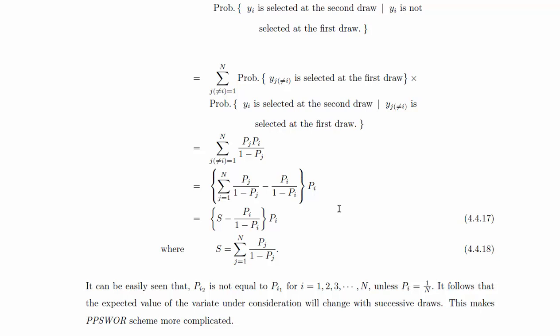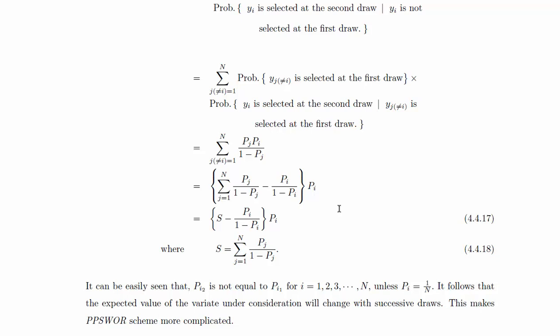So this is Pj into Pi by 1 minus Pj. Pj is the probability of selecting the jth unit in the first draw, and Pi by 1 minus Pj is the probability of selecting the ith unit in the second draw.